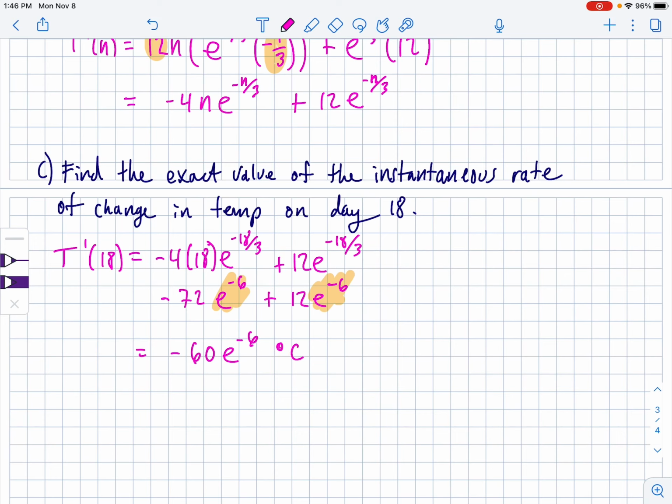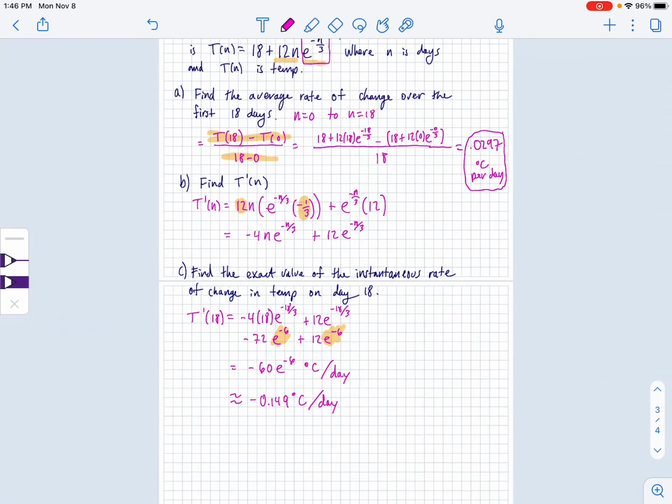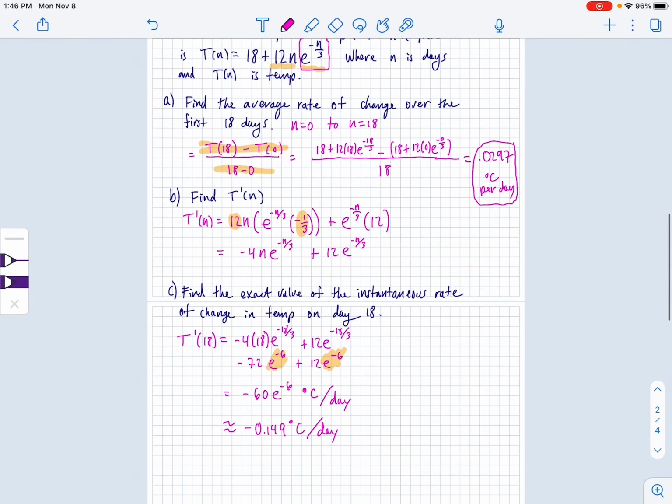Now this is degrees Celsius per day. That's the instantaneous rate of change. If we want to compare that to our answer in the first part, we could decimalize it and say this is negative 0.149 degrees Celsius per day. Is this interesting? Not really.